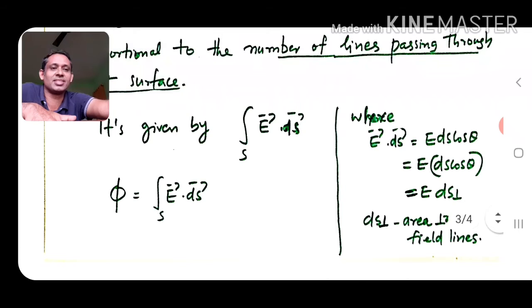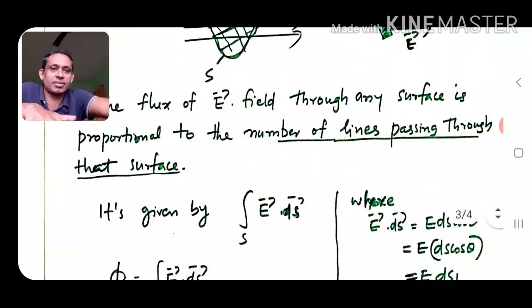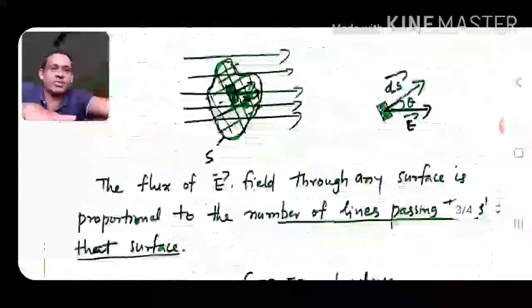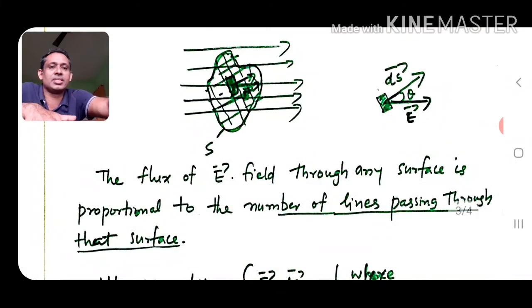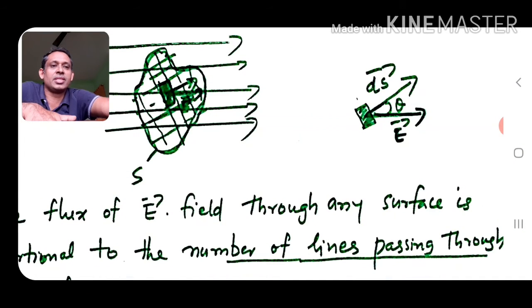ds cos theta is ds perpendicular, the area perpendicular to the field lines. As we take this ds, we can see the ds vector is perpendicular to that small area, and the electric field is along the electric field lines.